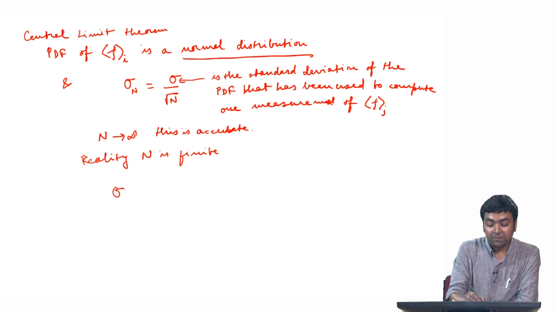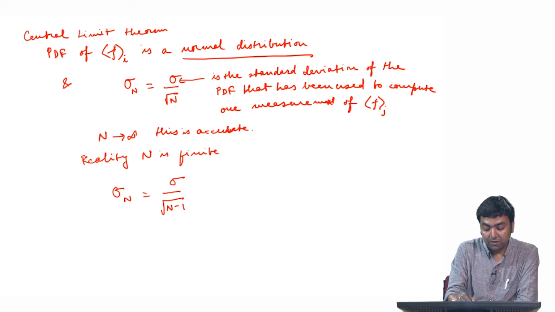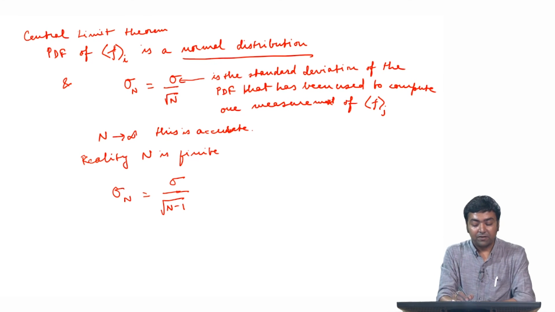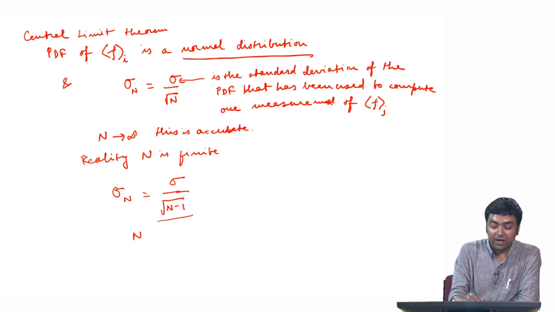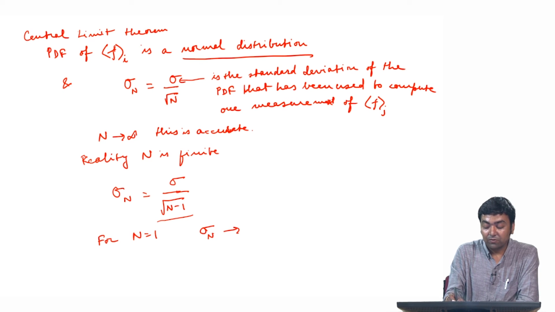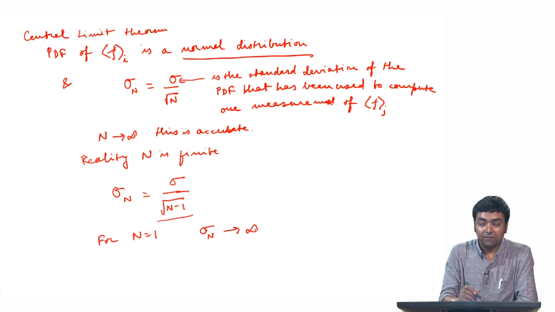So, this expression is modified by sigma in this fashion, with n minus 1. One might ask, why do we have the minus 1? The minus 1 comes here to stress the fact that if you just do a single measurement, then for n equals 1, my sigma goes to infinity. So, for a single measurement, it is never possible to get a reasonably accurate estimate of my integrand. Okay.